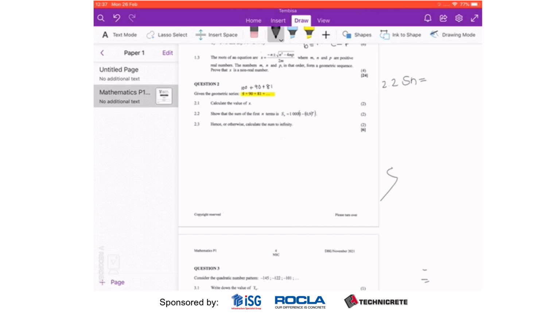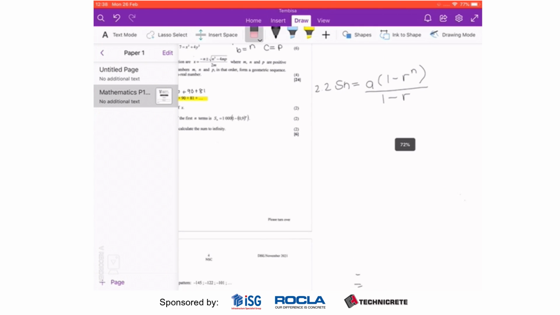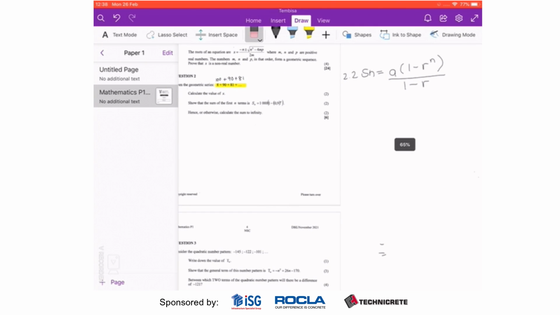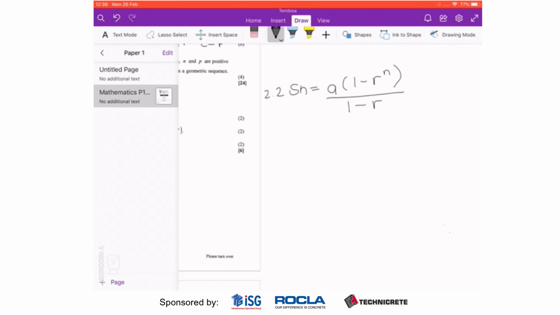So Sn is equal to a(1 - r^n) over 1 - r. And it said r cannot be equal to 1 because then it would be 0, and that is undefined. Okay, and they want us to show that the sum is that. So we're just going to basically substitute, where a is my first value, and my first value we calculated to be 100. 1 minus, what is r?